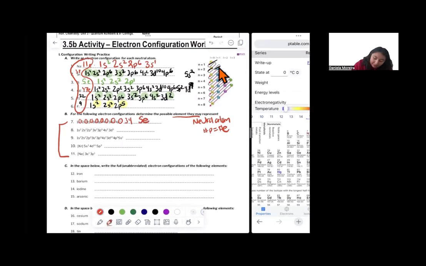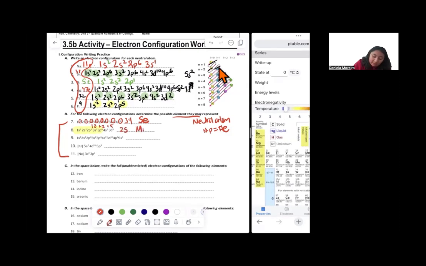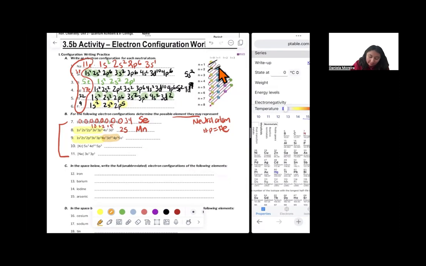Instead of counting, we know that all the way up to here through 3p6 should be argon. That's 18. So 18 plus 2 plus 5 is 25. An element that has 25 electrons is manganese. Using that same principle, all the way up to here is 18. All the way up to 4p6 will be krypton.